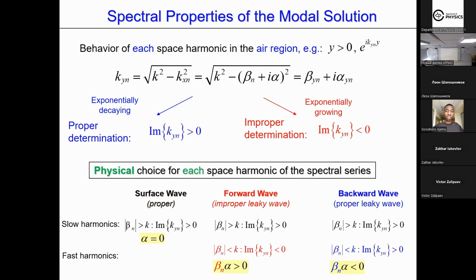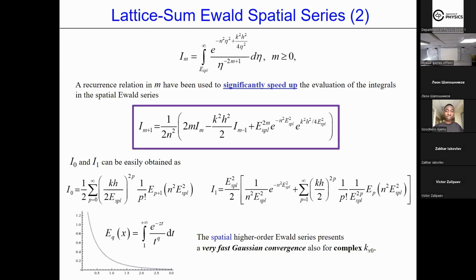Okay, let me say a few words also about the behavior of the space harmonics, the proper and improper determination of the space harmonics. When we have for each, the recursion is stable for parameters. Is it stable? You show that it is stable for any parameters, for this integral?